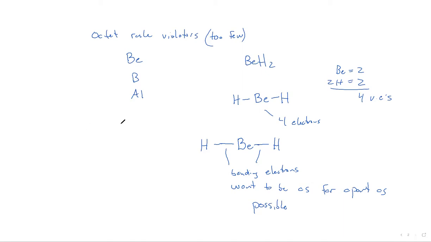And we're going to talk about 2 different things. We'll talk about the electron geometry and the molecular shape. And so the electron geometry is based on the number of electron domains.